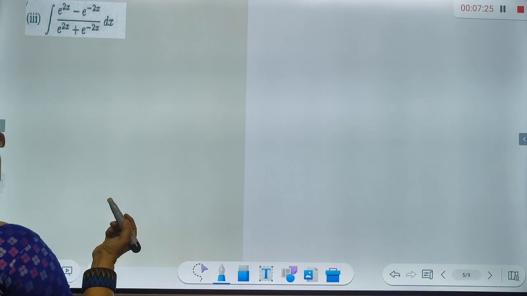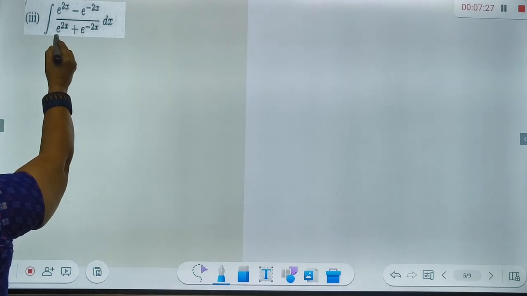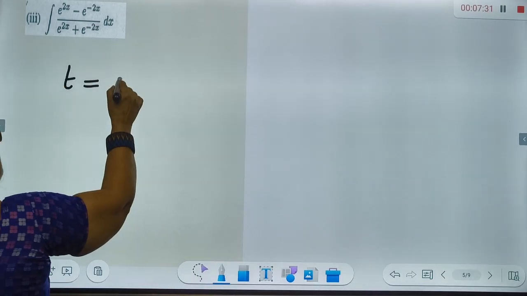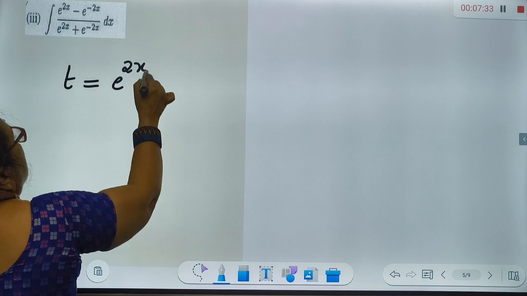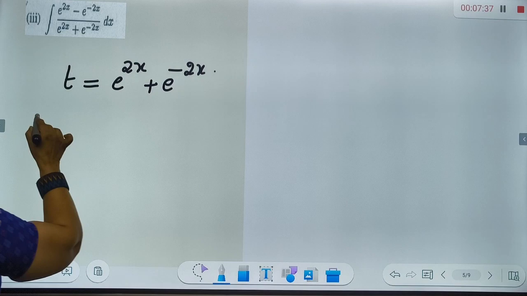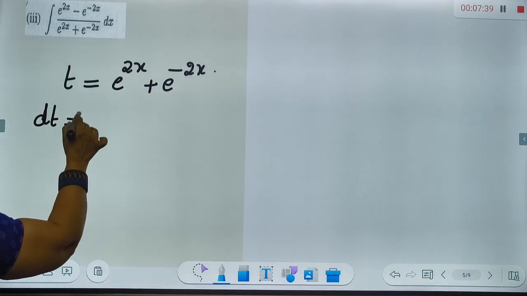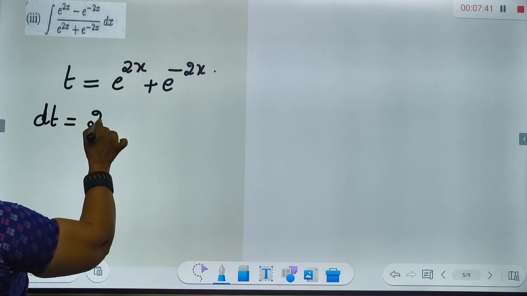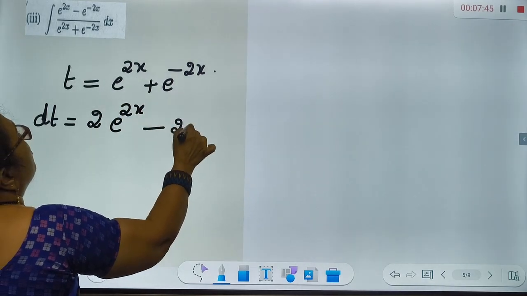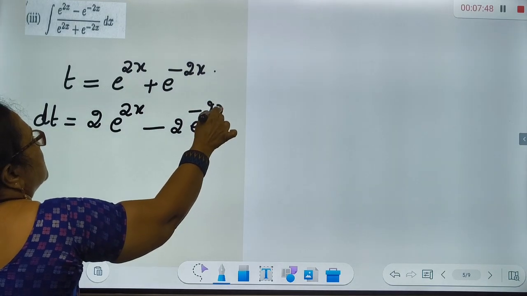Now, what should I write as t? Suppose I take t as the denominator, e power 2x plus e power minus 2x. Then dt will be, if I differentiate this, what will I get? 2 into e power 2x, here minus 2 into e power minus 2x.